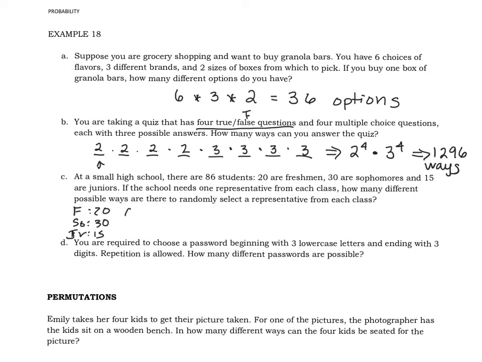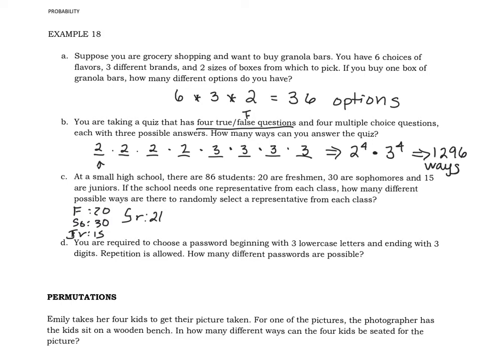So we want to know how many seniors we have. So I'm just going to subtract the 86 minus 20 minus 30 minus 15, and we should get 21 seniors. Now that wasn't so hard, was it?